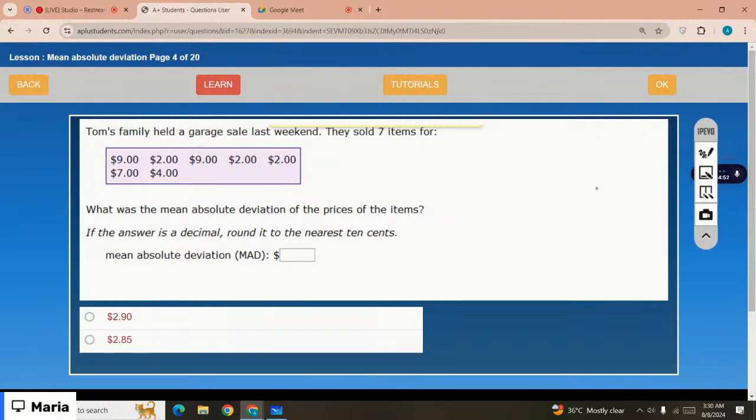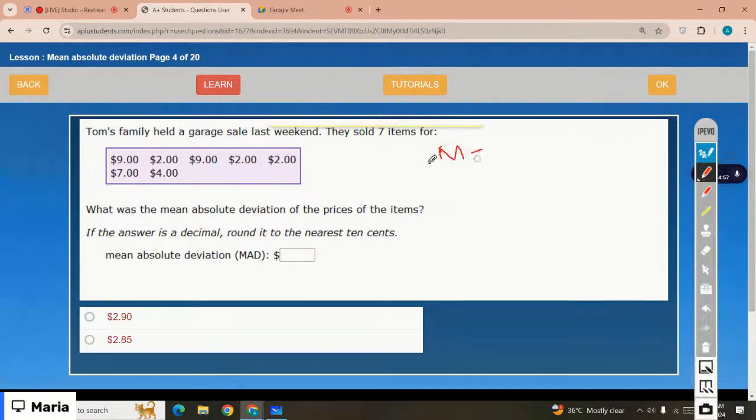Let's just calculate the mean first, right? I'm going to add them and divide them by the number of items. That is 35 divided by 7, which is 5. Mean is 5.